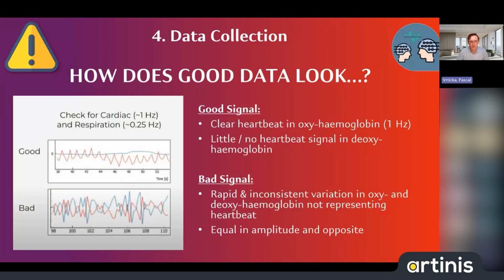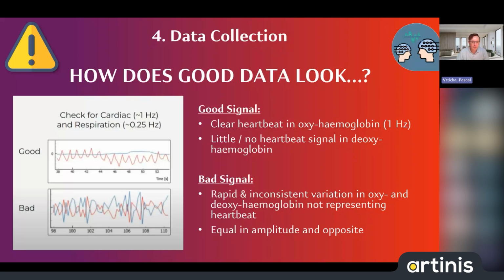And here, what you want to see, shown on the top panel in the figure, is that you don't have too much fluctuation in your deoxyhemoglobin data, shown in blue, but that you have a clear heartbeat in the oxyhemoglobin data, and that this heartbeat is in the expected frequency range, so maybe half a hertz to a hertz or so, depending on how nervous your participants are or how old your participants are.